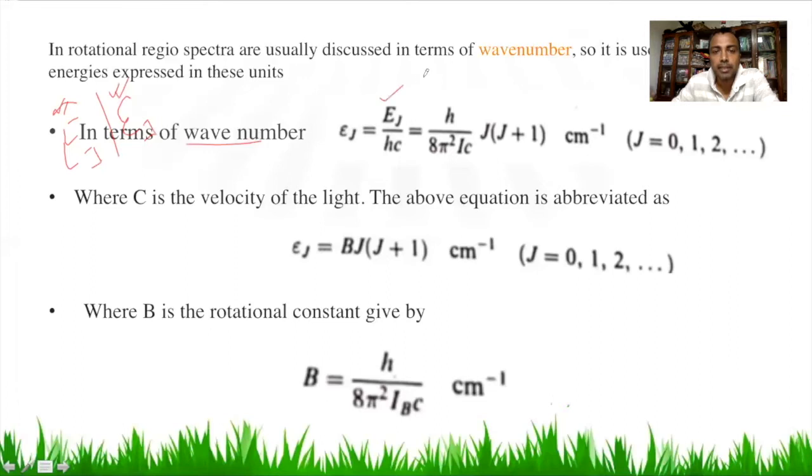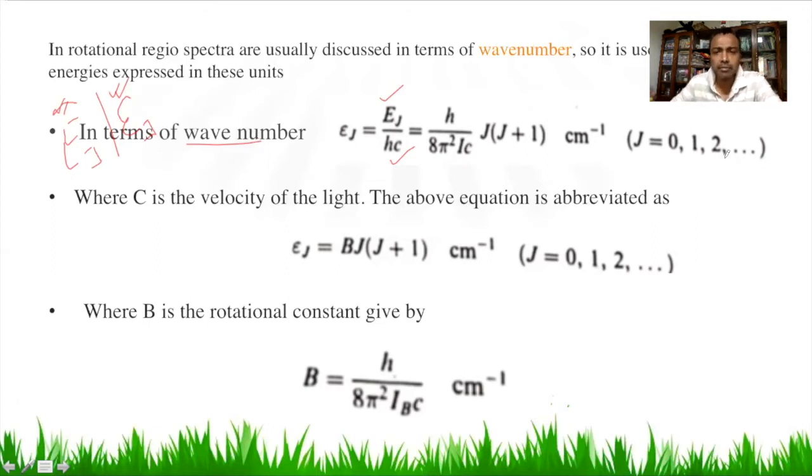Wave number is simply E_J divided by hc. So if I place the value of E_J divided by hc, it will be h divided by 8 pi square I c into J into J plus 1, where J equals 0, 1, 2, 3 and so on. As usual, I represents the moment of inertia and c represents the velocity of light.